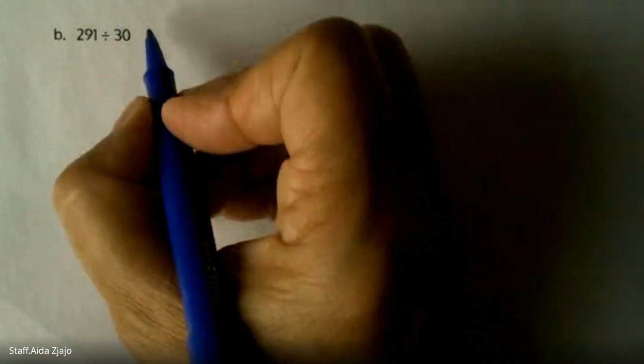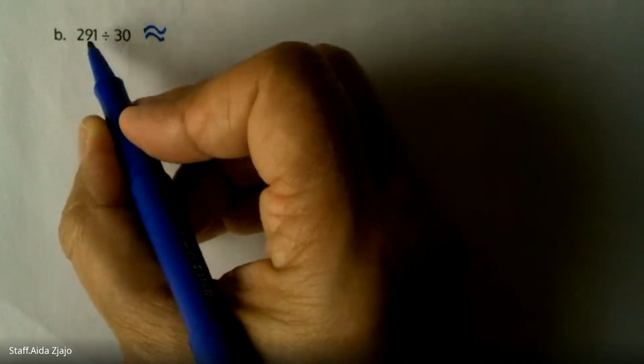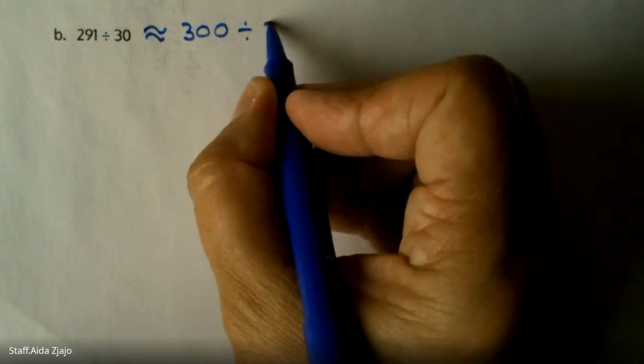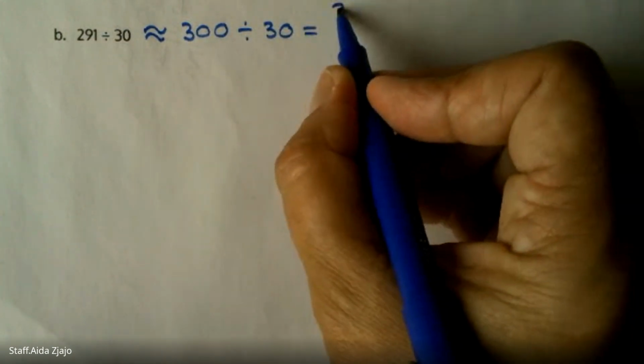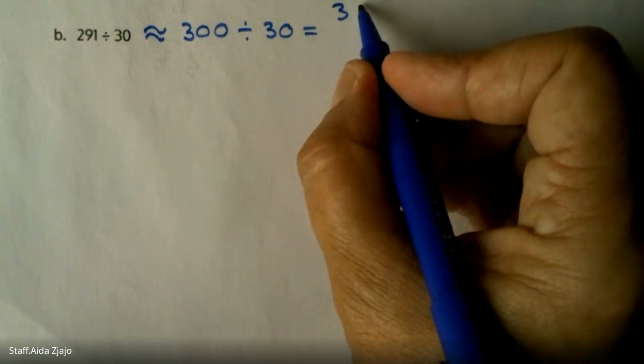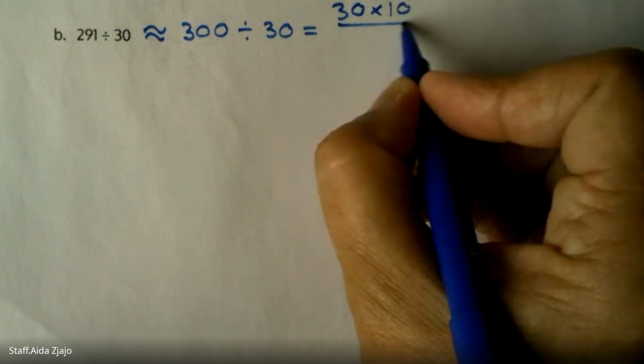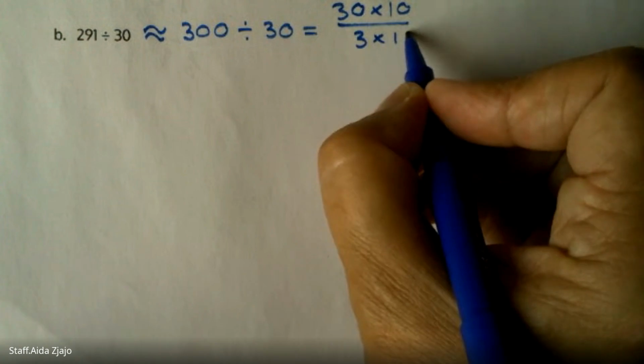291 divided by 30. If you estimate this, 291 is about 300, divided by 30. So 30 times 10 and 3 times 10.